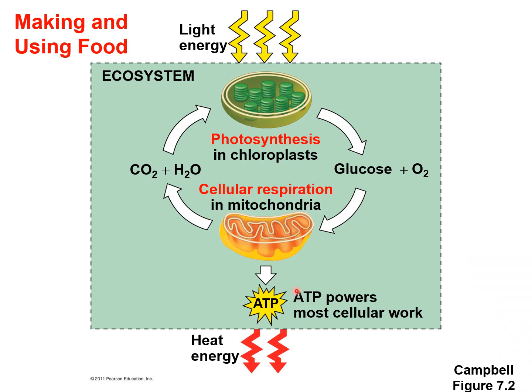Okay, so we're going to be focusing on photosynthesis and cellular respiration in this module. And so we're going to be starting with cellular respiration first. And in cellular respiration, we're going to be using our mitochondria to break down our food like glucose. And we need oxygen to do this process for the mitochondria to work.